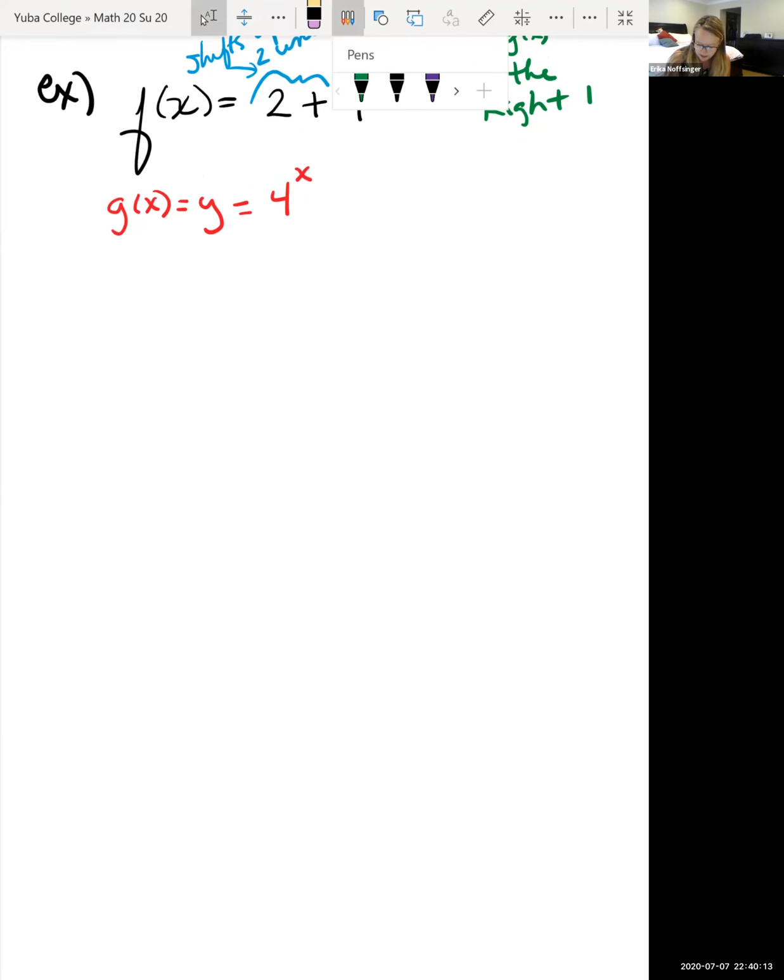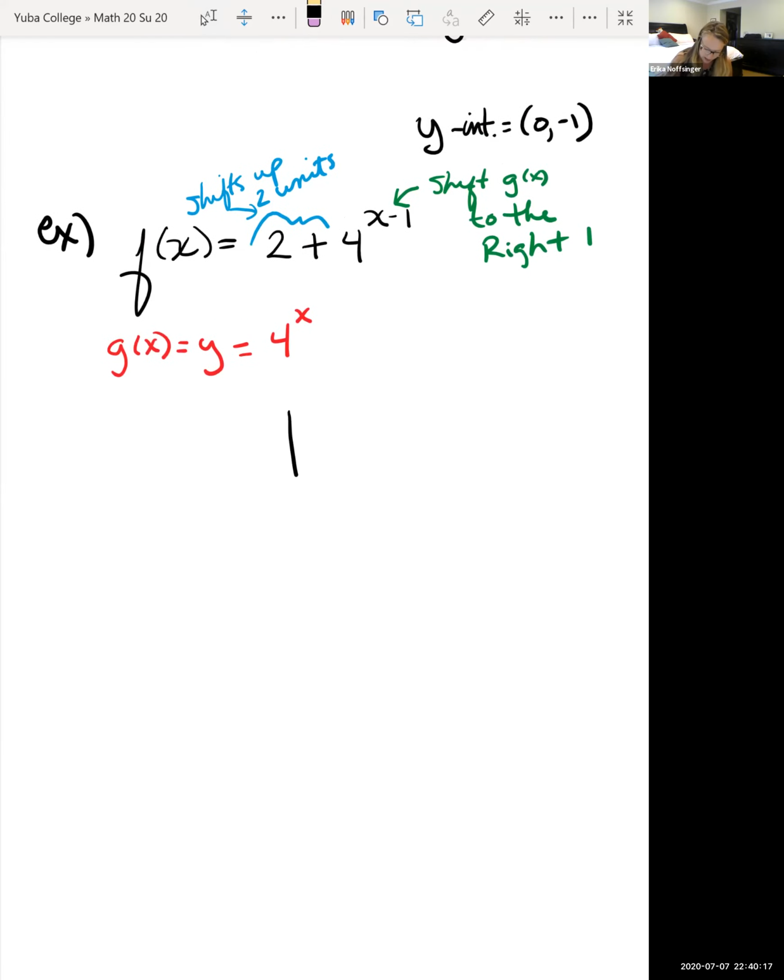So we can put that together. I know that y equals 4 to the x. 4 is bigger than 1. My base is bigger than 1. And so it's going to be this general shape. Let's talk about important points.